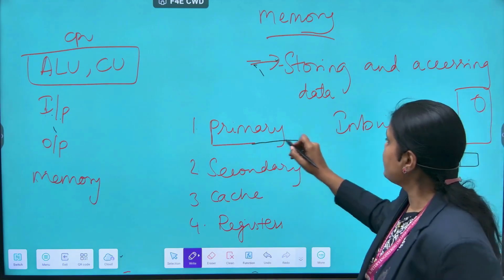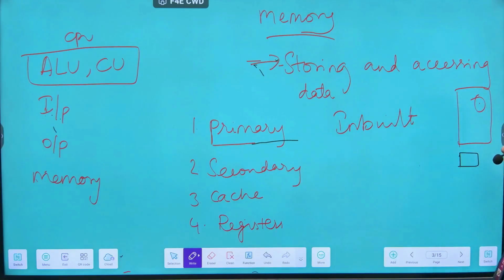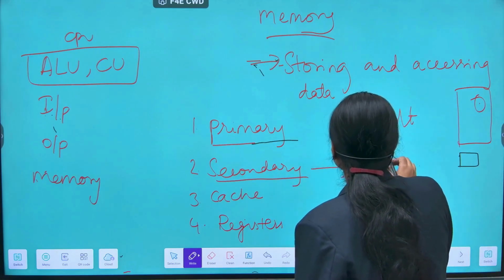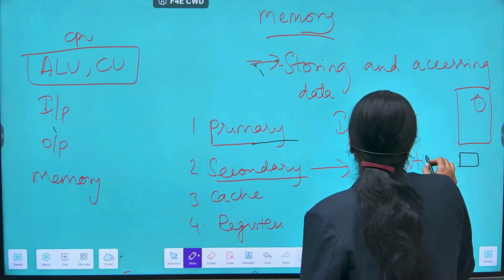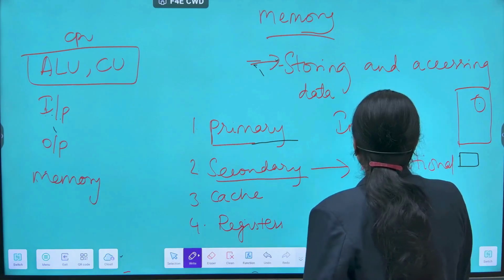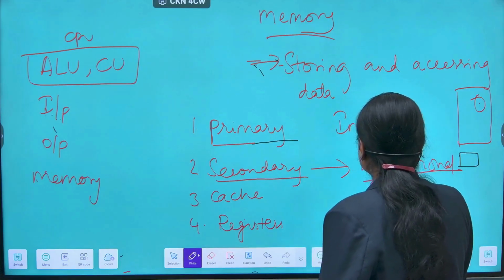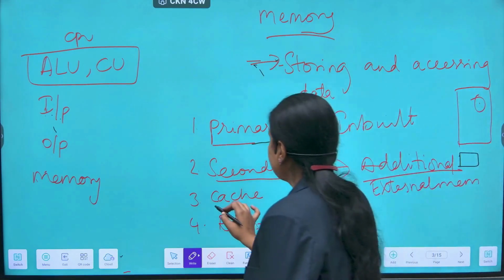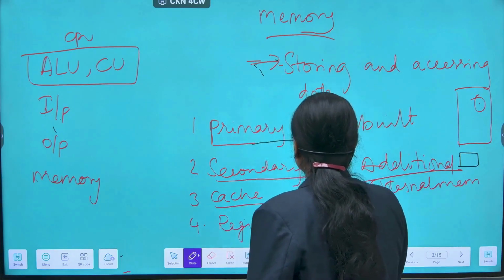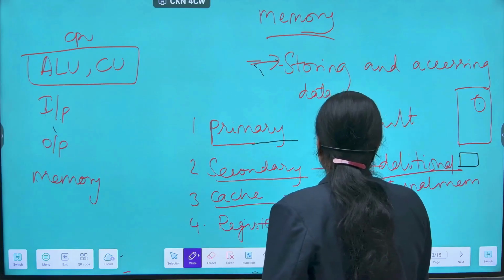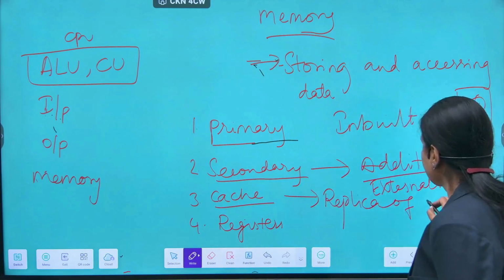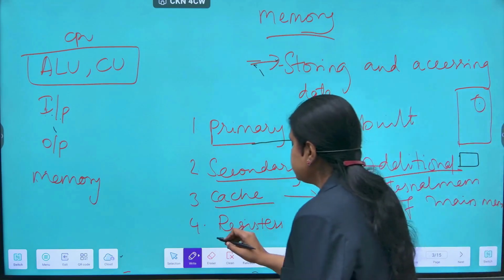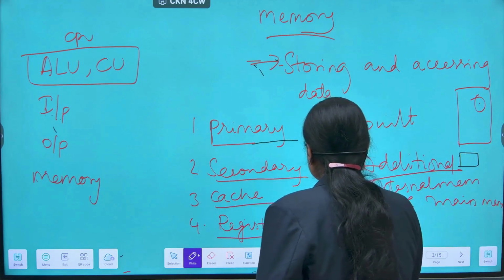So primary memory is inbuilt or internal memory. Secondary memory is additional or external memory that is connected. Cache memory is a replica of main memory. And registers are temporary storage devices.